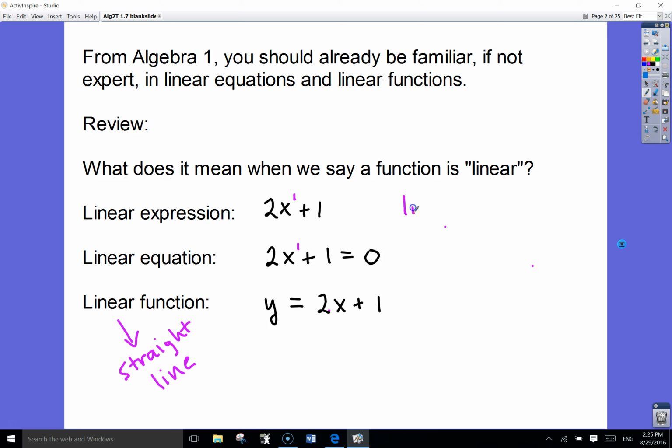So linear means that the variable is raised to the first power.